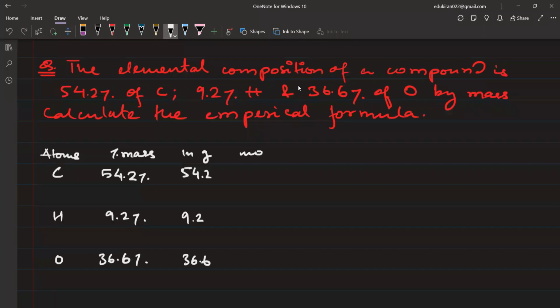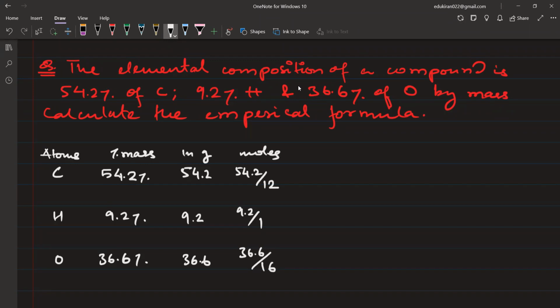Then the moles we have to write, right? Moles: 54.2 divided by carbon, which is 12. Then 9.2 divided by hydrogen, which is 1. And oxygen 36.6 divided by 16, right?